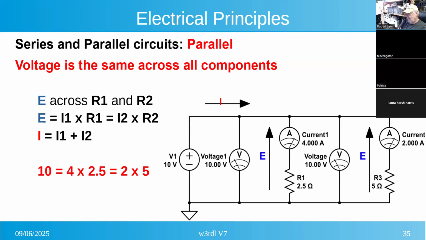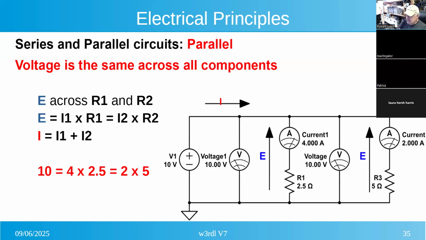As you can see, there are two different value resistors. There's 10 volts across each resistor. So the current through one is 4 amps and the current through the other is 2 amps. But that adds up to 6, which is what we see.